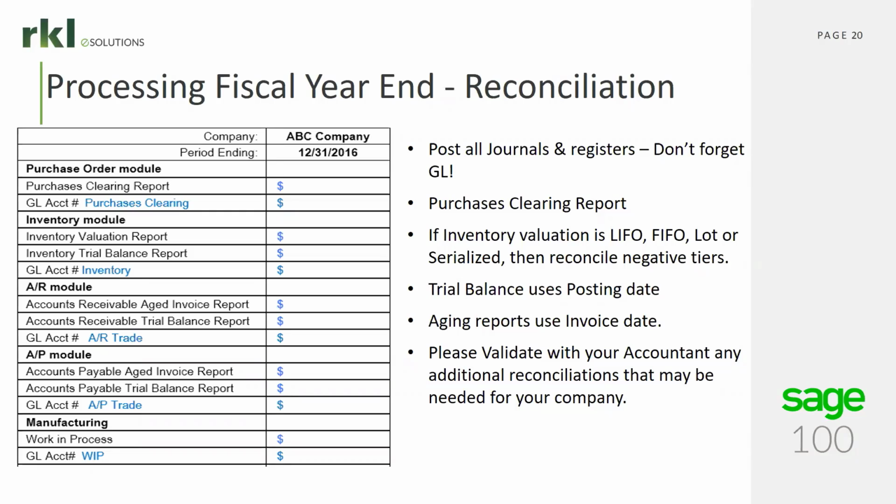In your inventory module, go to the period end menu and reconcile any negative tiers if you have LIFO, FIFO, lot, or serial number items, and run your trial balance reports. You also want to consult your accountant and perform any other additional reconciliations that may be required for you.